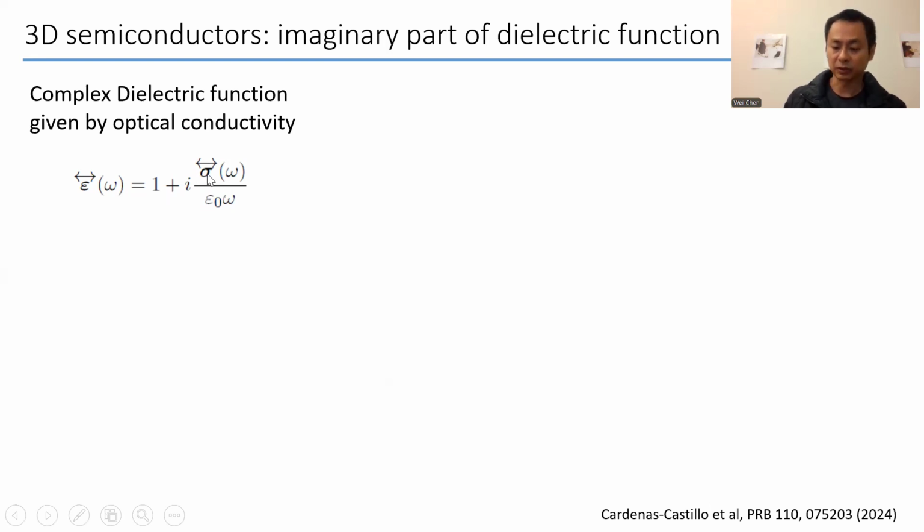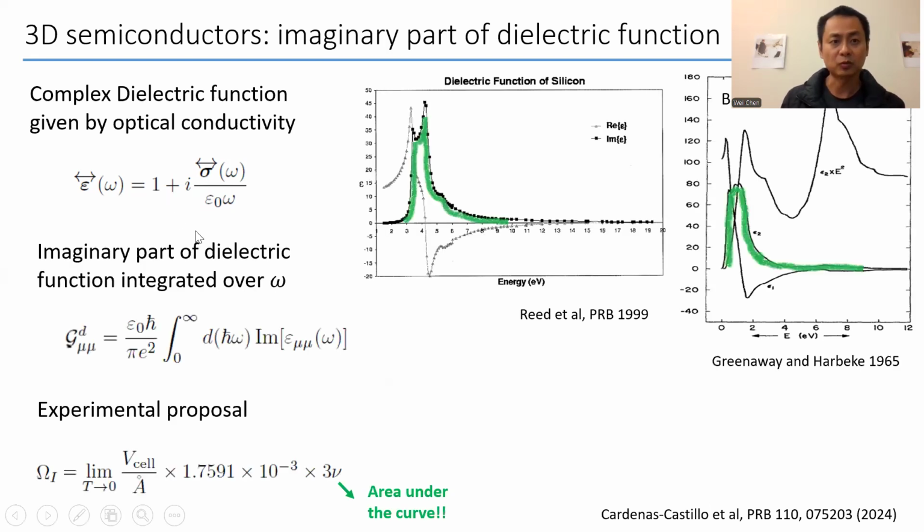Because there is a factor of pi here, what you actually want is the imaginary part of this dielectric function. So you take the imaginary part of the dielectric function, integrate over frequency, multiply by the correct units, and you get exactly the fidelity number.